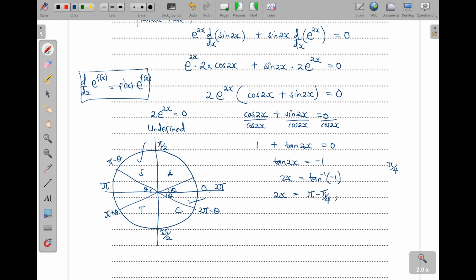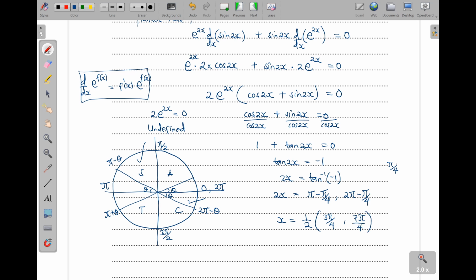Again, where tan is negative is here. So 2 pi minus that pi over 4. And then our x is going to be a half of the answers we get here. So this will be 3 pi over 4. And then this will be 8 minus 1, that will be 7 pi over 4.